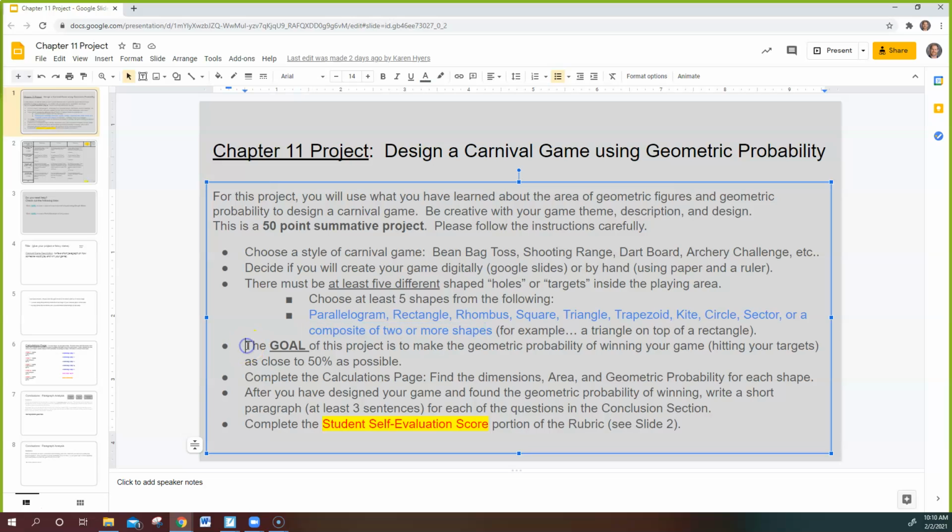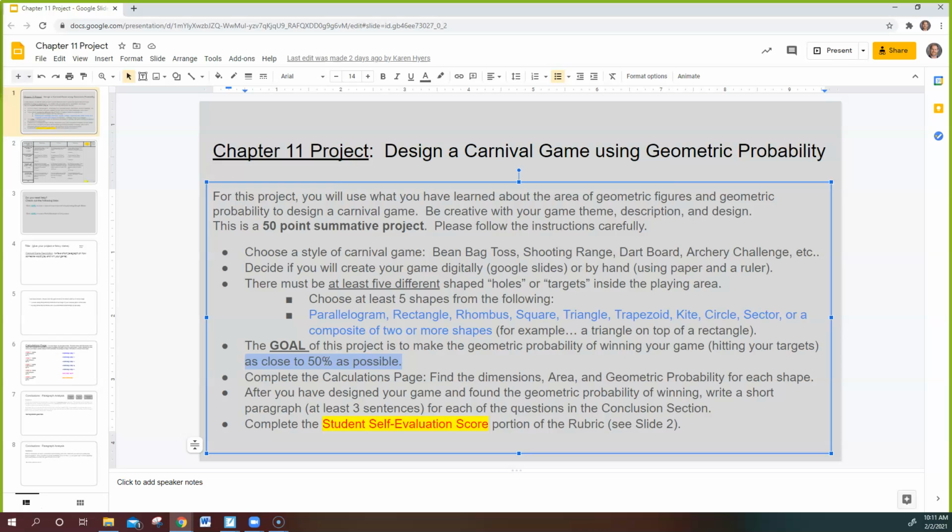But what is the goal of this project? The goal of the project is to make the probability of winning your game, hitting your targets, as close to 50% as possible. Now, we do understand that it's a challenge to get exactly 50%. And if you're close, we are going to offer some grace with that.